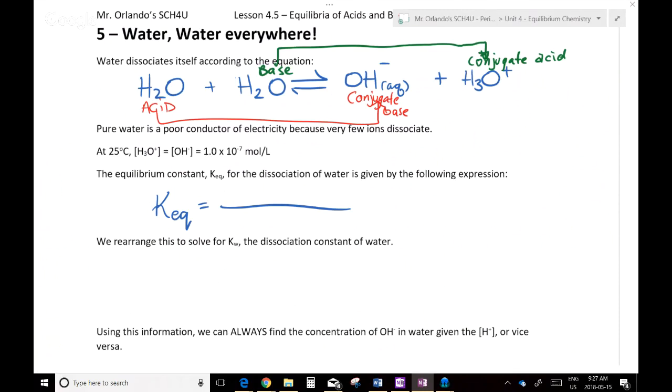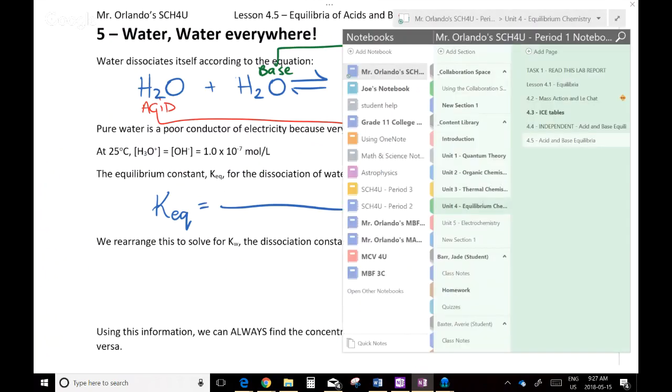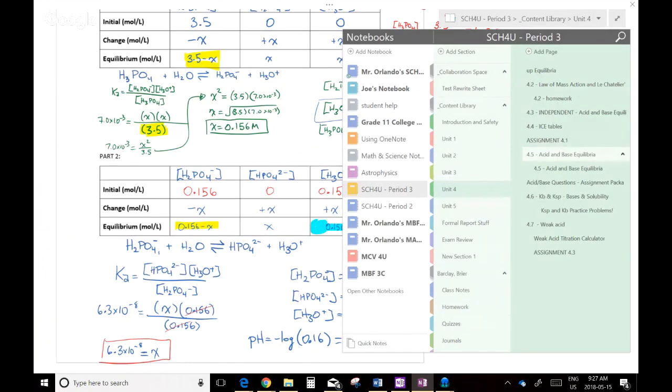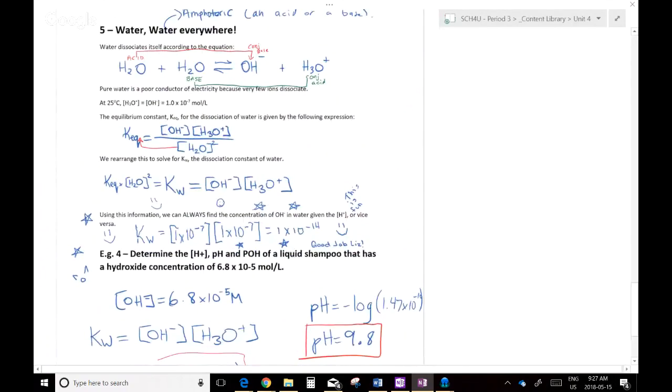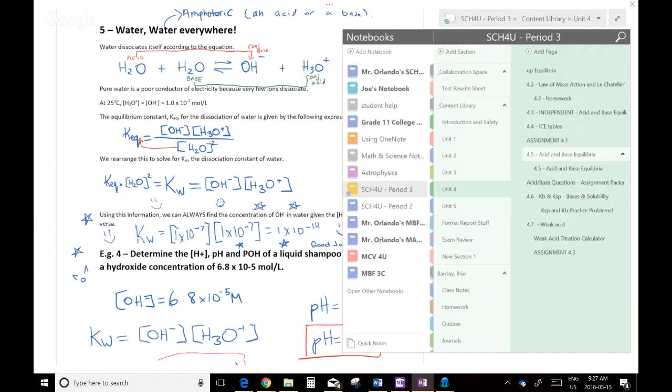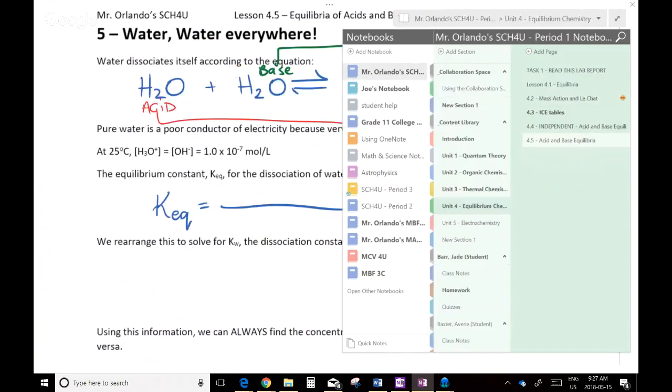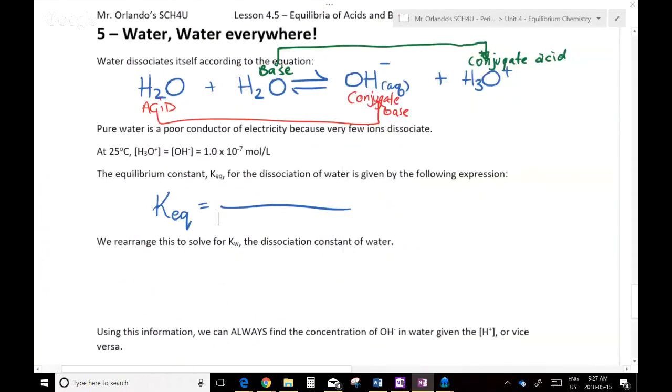Or the equilibrium statement, rather. What do we got? What would it be?